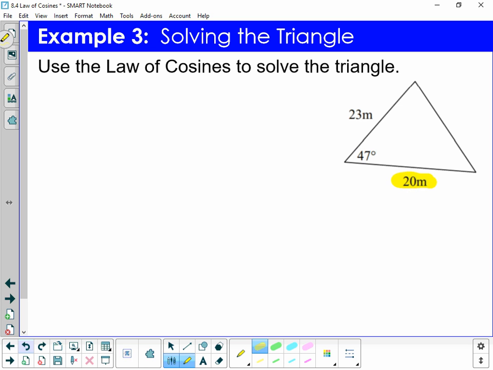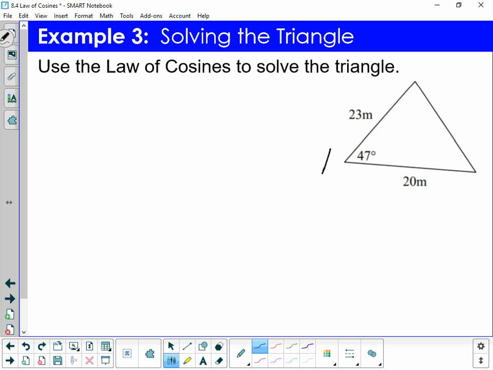I have this angle, but I don't know this side, so I can't use that to help me use the law of sines. And while I know this side, I don't know this angle. So there is no partnership that I can use to help me use the law of sines, and that tells me that I have to approach this problem from the perspective of the law of cosines.